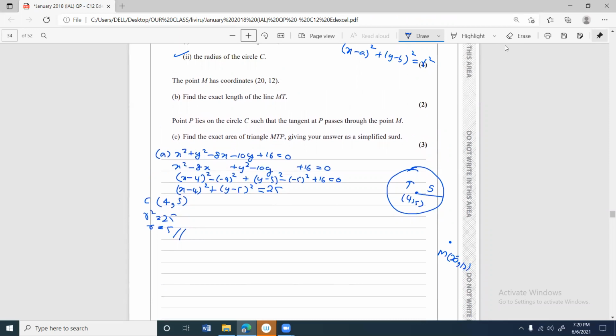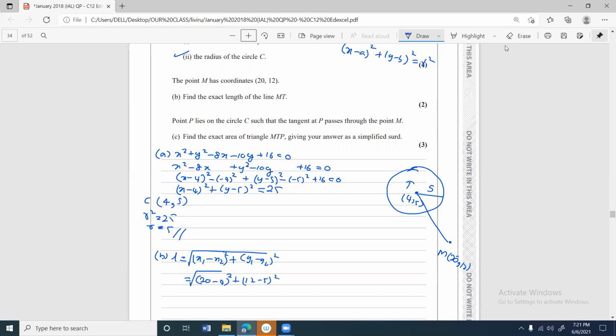So how do you get the length between 2 points? The length between 2 points you can get by the formula: the square root of x1 minus x2 whole thing squared plus y1 minus y2 whole thing squared, in between M and T. This is the length I'm working on. So you can say it's the square root of 20 minus 4 whole thing squared plus 12 minus 5 whole thing squared.